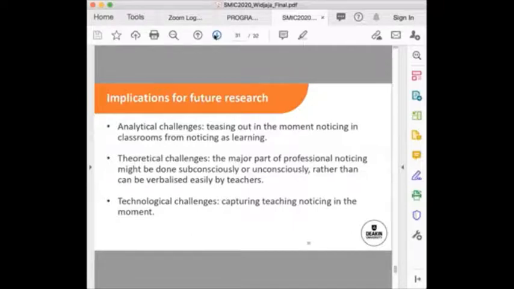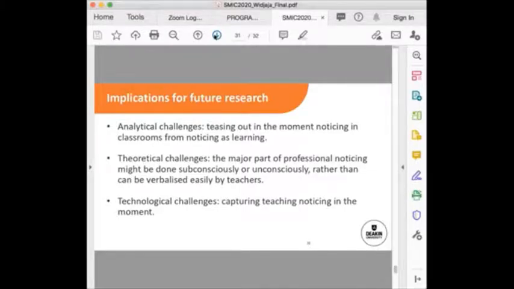So, implications for future research: there are still challenges in teasing out in-the-moment noticing in the classroom from noticing as learning, as a process. There are also theoretical challenges, like distinguishing which professional noticing is done subconsciously, and some teachers are more articulate than other teachers.